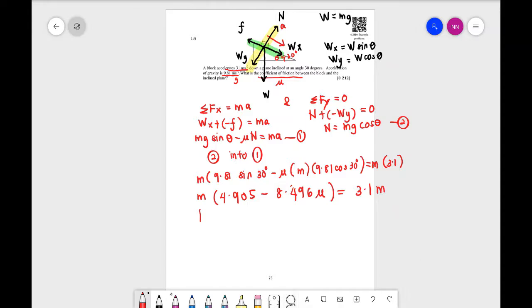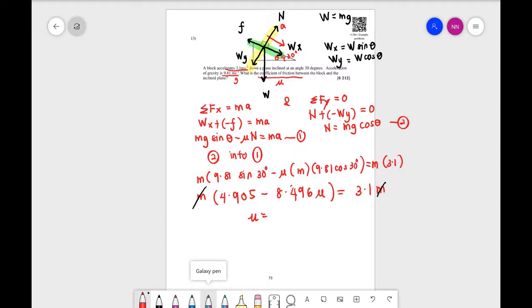So we can cancel m. At the end we can determine the coefficient of friction mu.